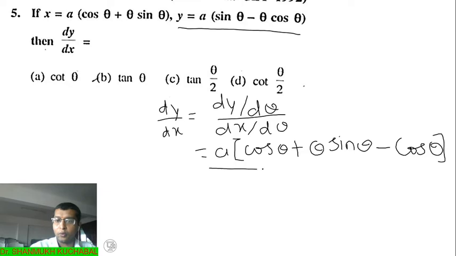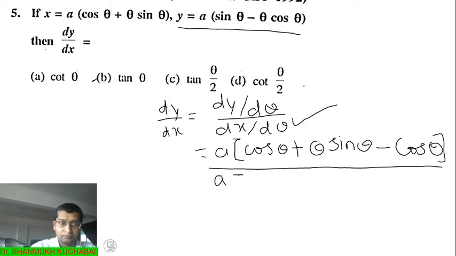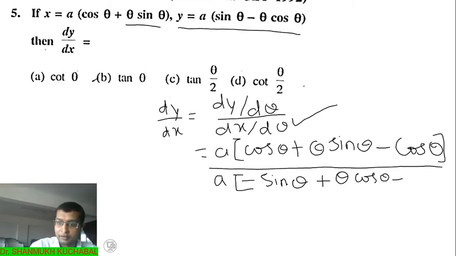So whole divided by, now we have to find the differentiation of x with respect to theta. So a as it is, cos theta differentiation is minus sine theta. Further plus as it is, we use the u into v rule. Theta as it is, sine theta differentiation is cos theta. Further sine theta as it is, theta differentiation is 1.